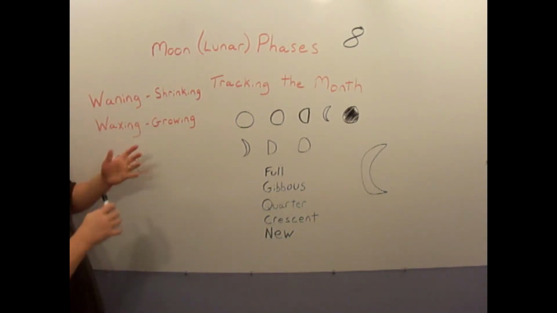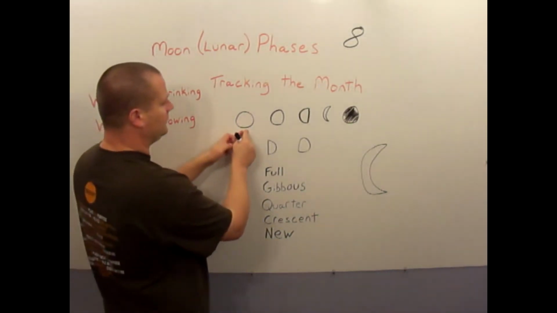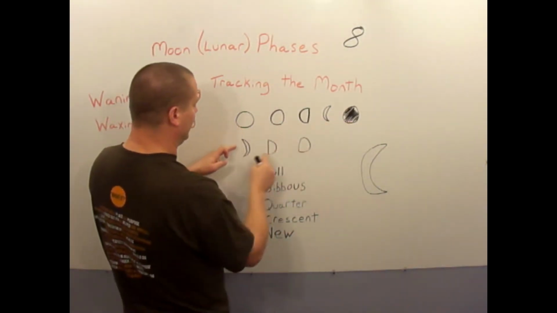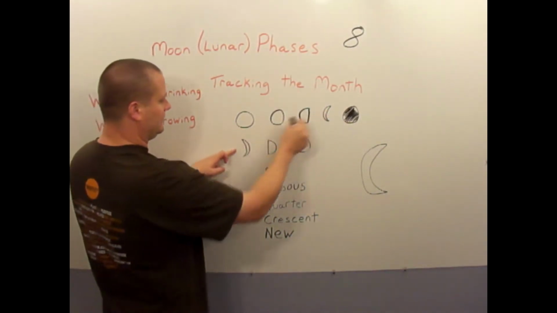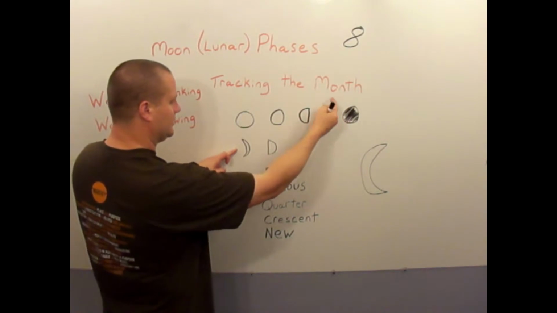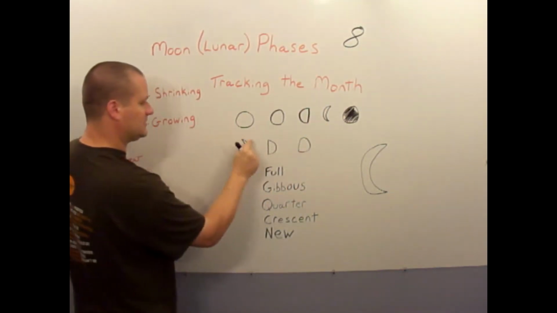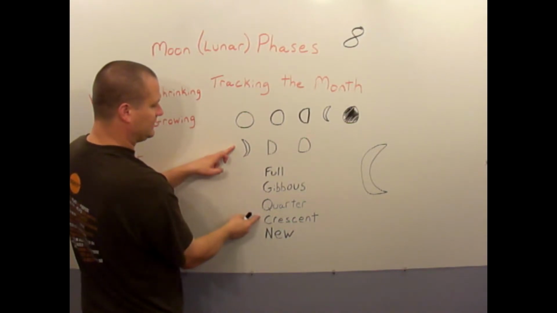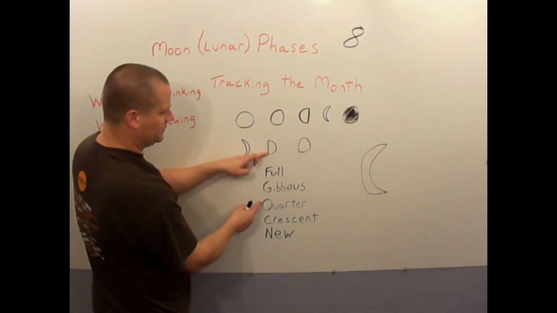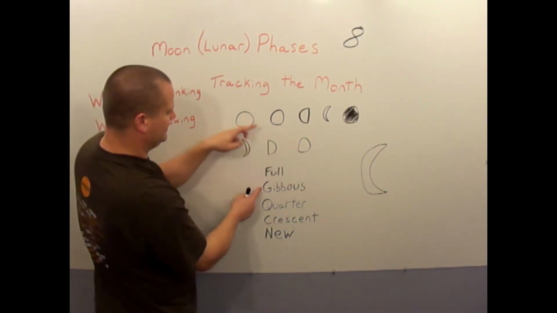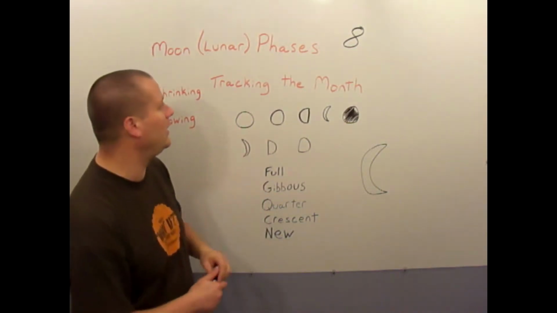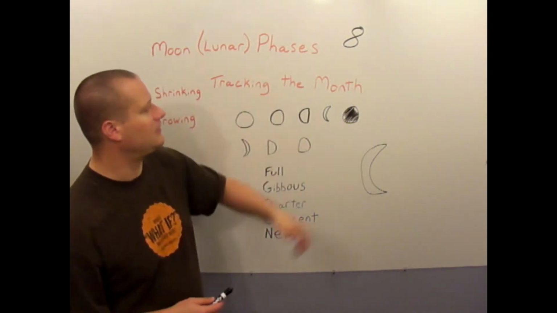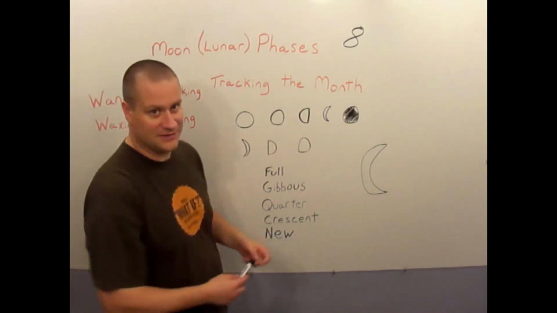Waxing means the growing moon. So it starts from full, shrinks down to nothing, and then you'll see a crescent appear on the other side. See how they're opposite shapes? Crescent this way, then crescent this way. So new moon, new, to crescent, to quarter, to gibbous, to full. And now we've made one complete cycle of the moon with all 8 phases.